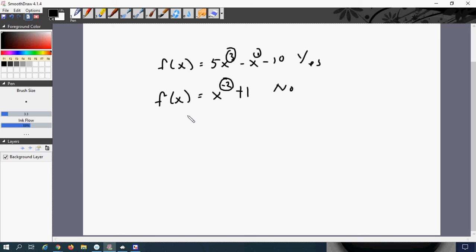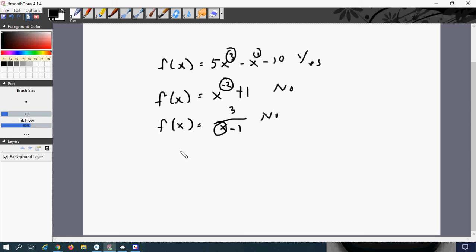Okay, and then we take a look at the next one. Let's say we're looking at 3 over x minus 1. Well, because we have an x in the denominator, this is also a no, because polynomials do not have variables in the denominator.